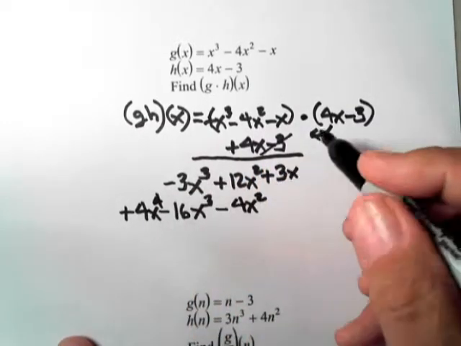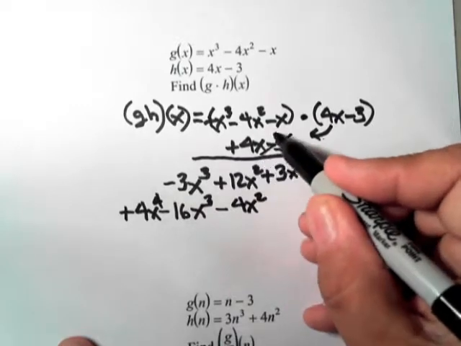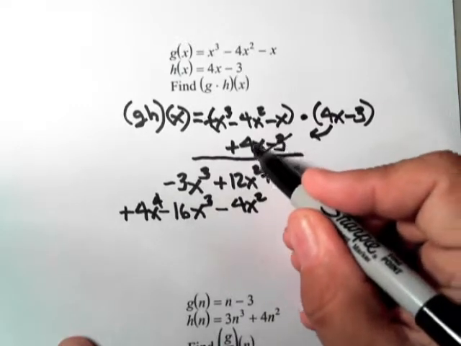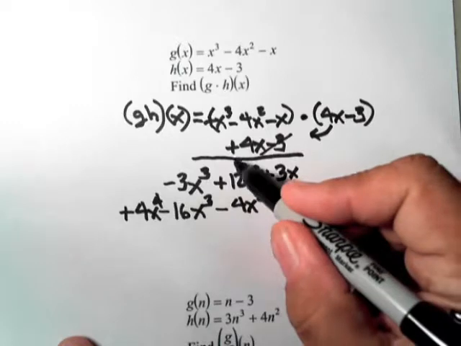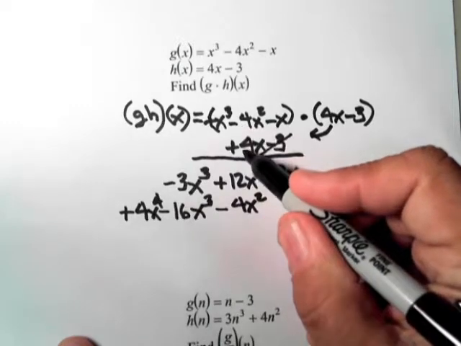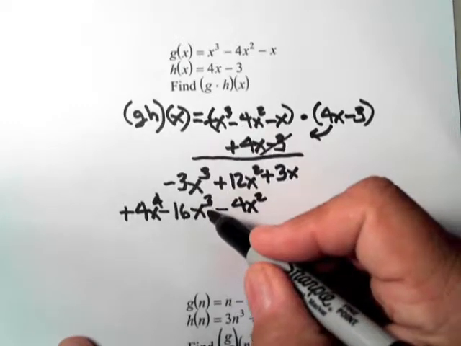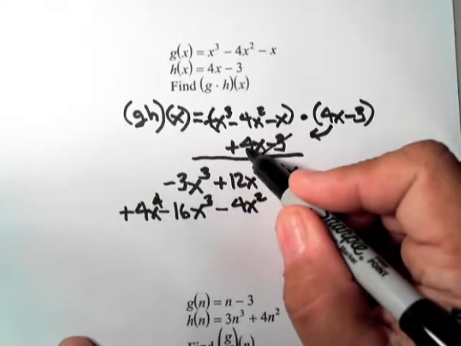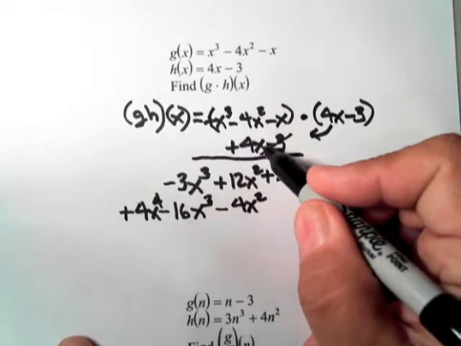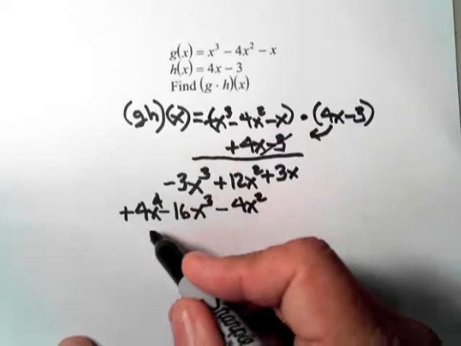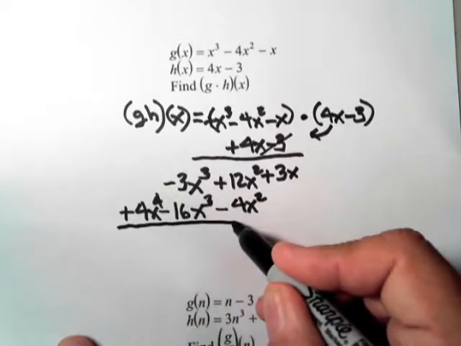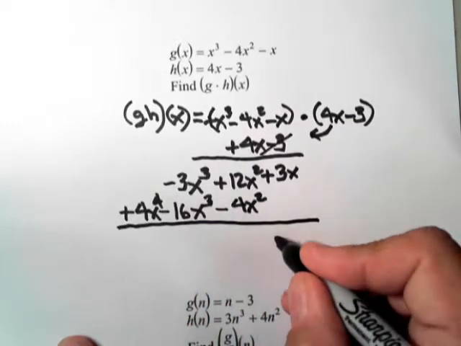Now, let's double check this. Plus 4x times negative x will be negative 4x squared. Minus 4 times plus 4, negative 16x cubed. Good so far. Plus 4 times plus will be positive 4x to the 4. I think we got it. Okay, now combine the partial products.